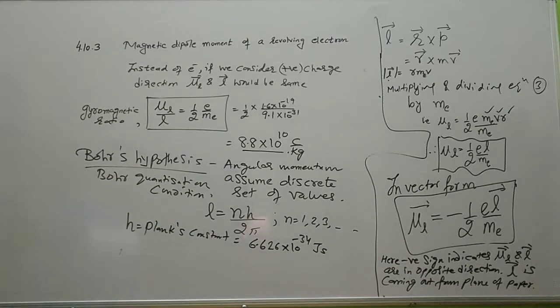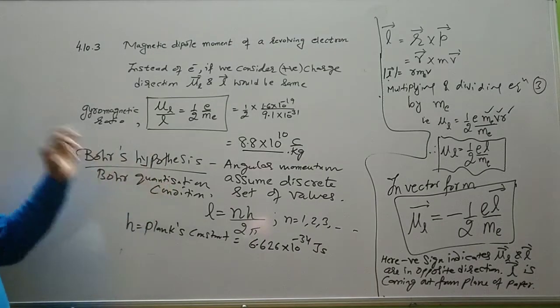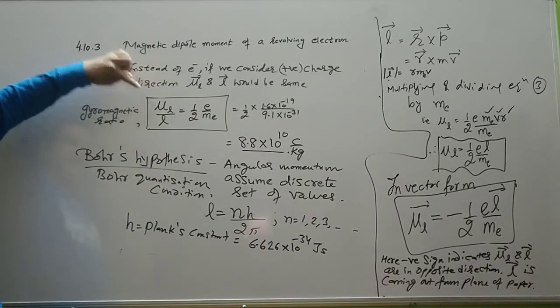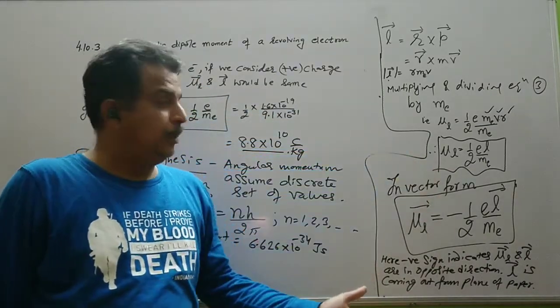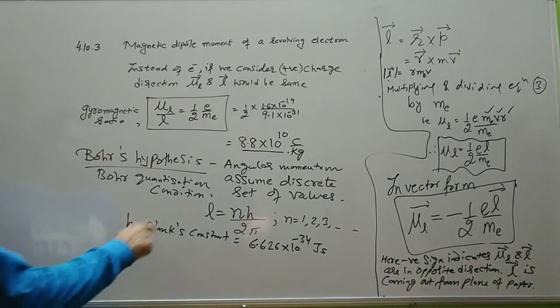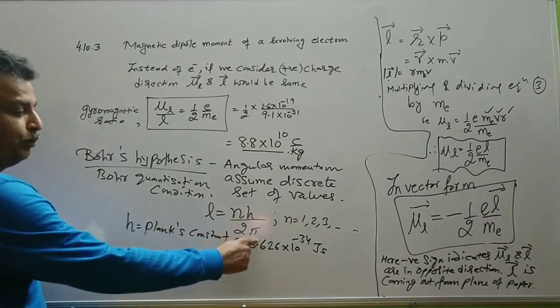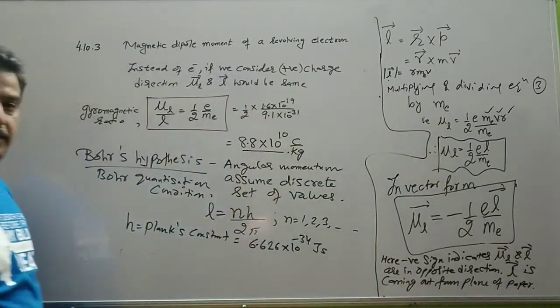So this is your Planck's constant. Now the next question is, can this atomic magnetic moment, mu L, assume some minimum value? So clearly, first I substitute L is equal to nh upon 2 pi in this equation.